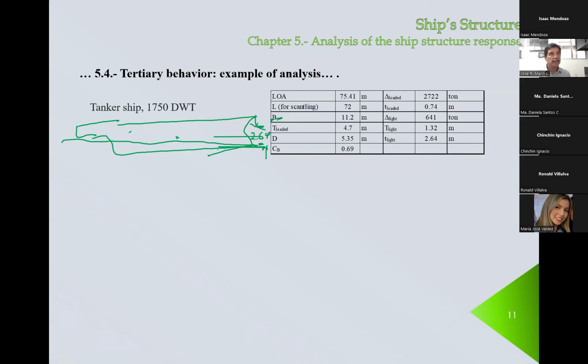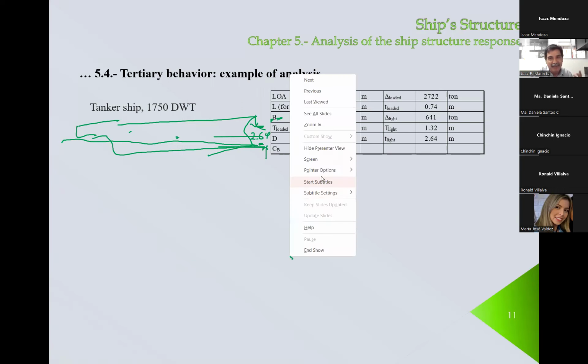So the forward end, in the light condition, the condition that we tested, you see the forefoot was just touching the water. So the draft at the forward end was 0, basically. That's typical in the loading condition of a tanker. This is just to start practicing what you have learned in previous classes, okay?